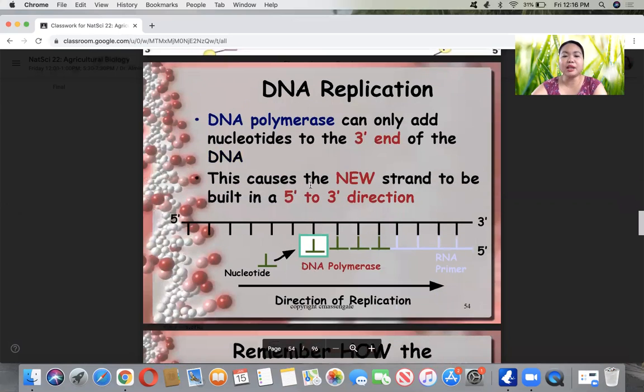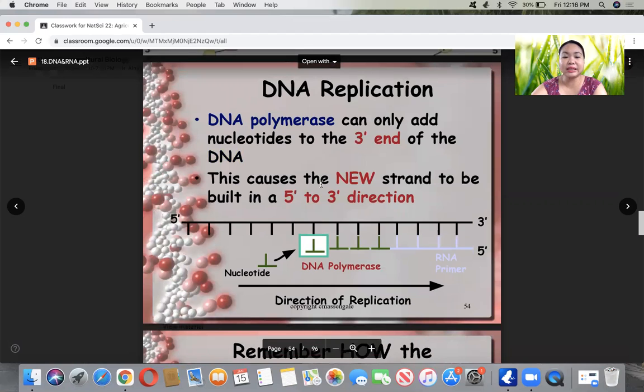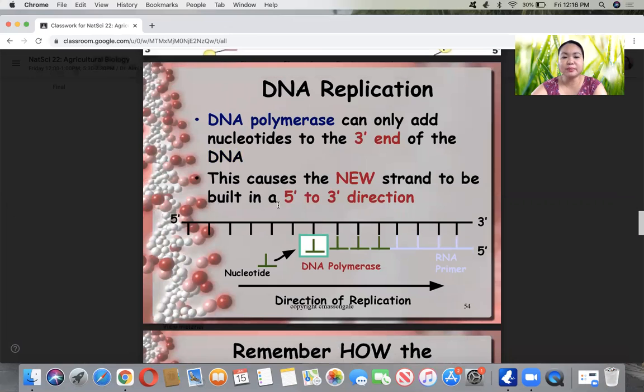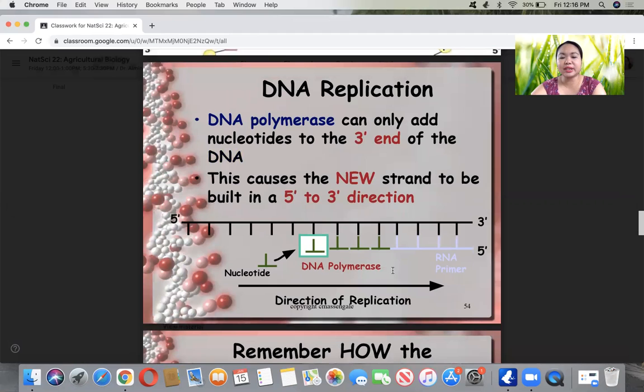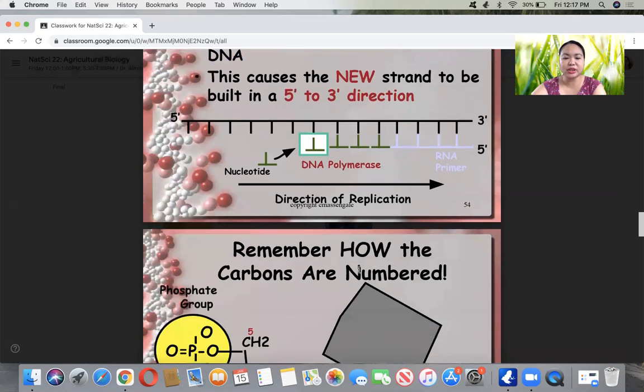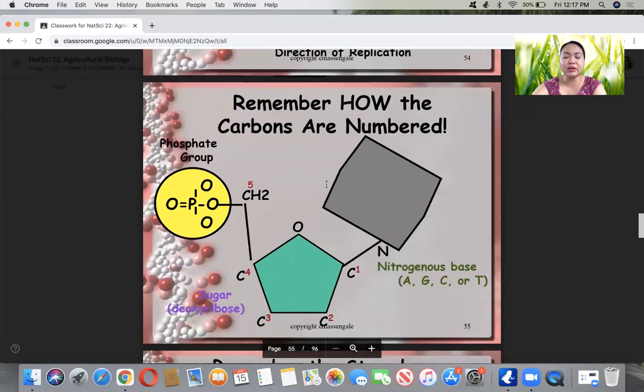The DNA polymerase can only add nucleotides to the 3' end of the DNA, and this causes the new strand to be built in a 5 to 3 direction, as shown. This is the direction of DNA polymerase replication. So remember how the carbons are numbered: 1, 2, 3, 4, 5.